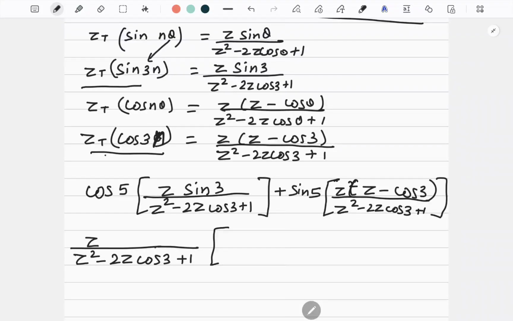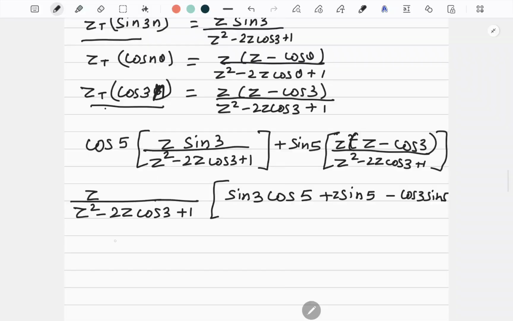In bracket, what is left now? Sin 3 cos 5 plus sin 5, okay, z sin 5 minus cos 3 sin 5. Just open the bracket. So now the next step is z upon z square minus 2z cos 3 plus 1 is the same thing.